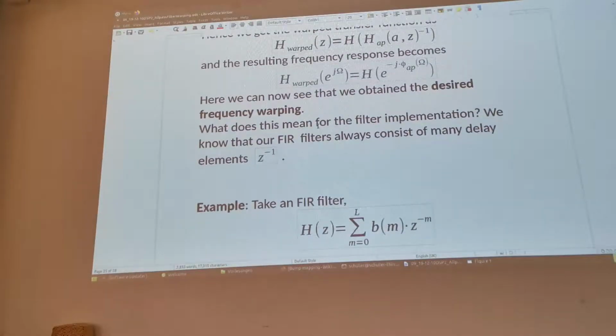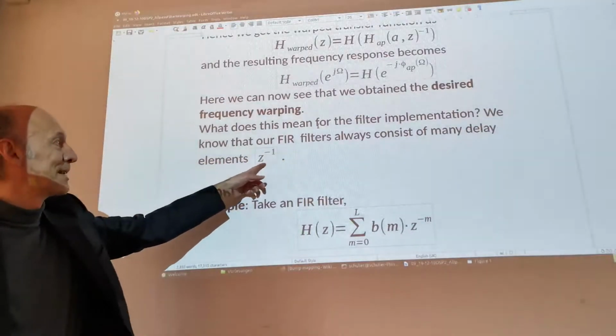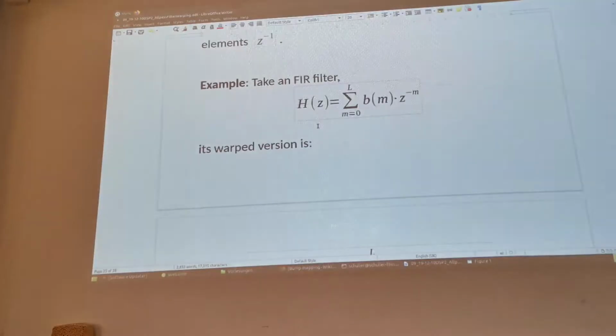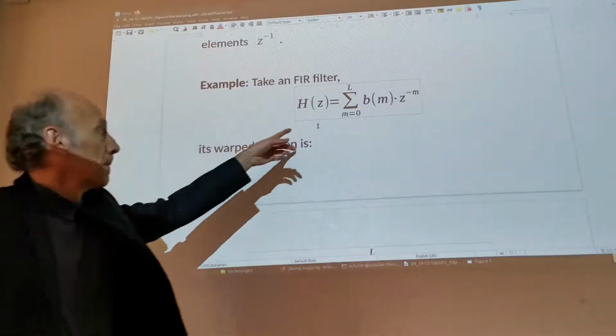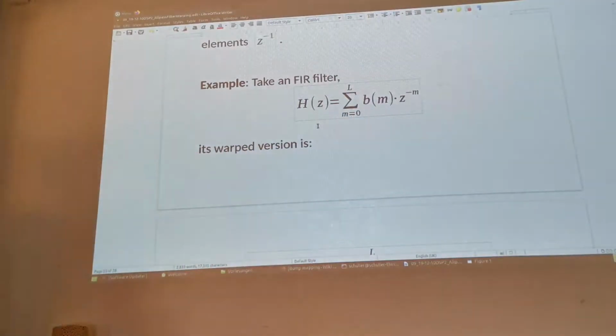So what does it mean for the filter implementation? We know that our FIR filters always consist of many delay elements, as I just said, Z to the minus 1. For instance, here's an FIR filter where we just have the B coefficients and Z to the minus m. So we simply have a polynomial in the numerator.